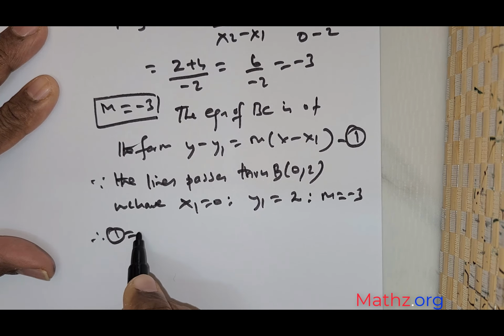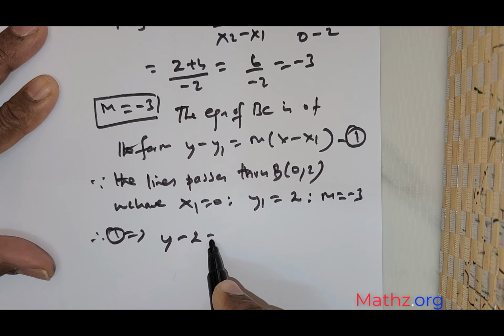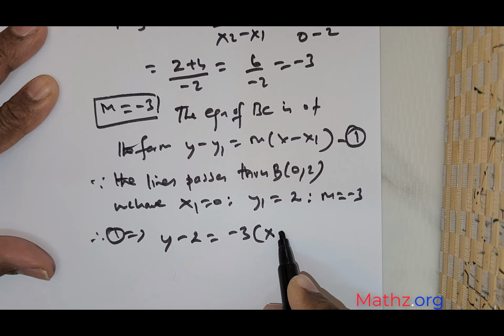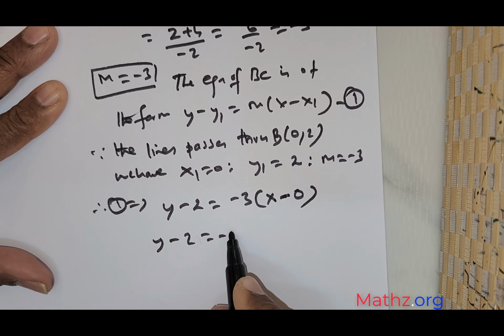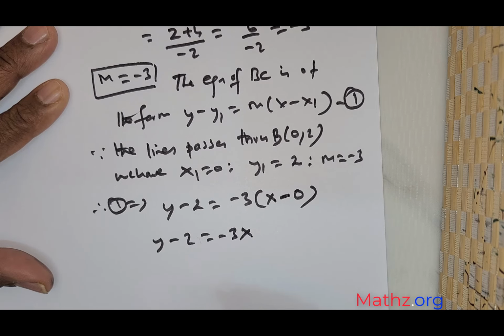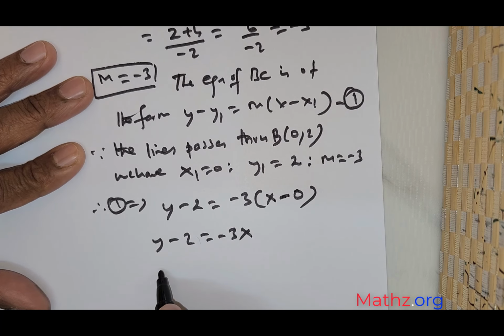So 1 can be rewritten as y - 2 = -3(x - 0). So this is y - 2 = -3x. And this can be further rewritten because they're asking us to get the equation of the line.